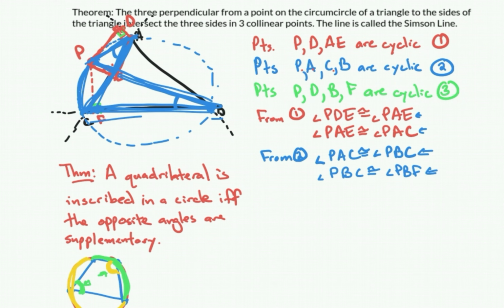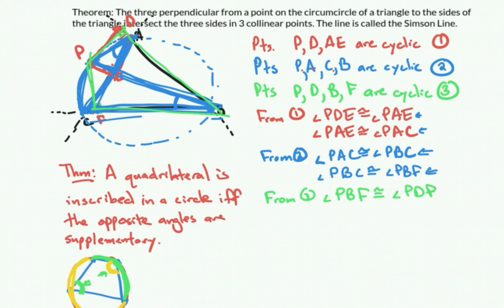Okay. And then from the third one, we have that angle PBF is congruent to angle PDF. Okay, so here, remember, we have P, D, B, F. We're looking at this cyclic quadrilateral right here.